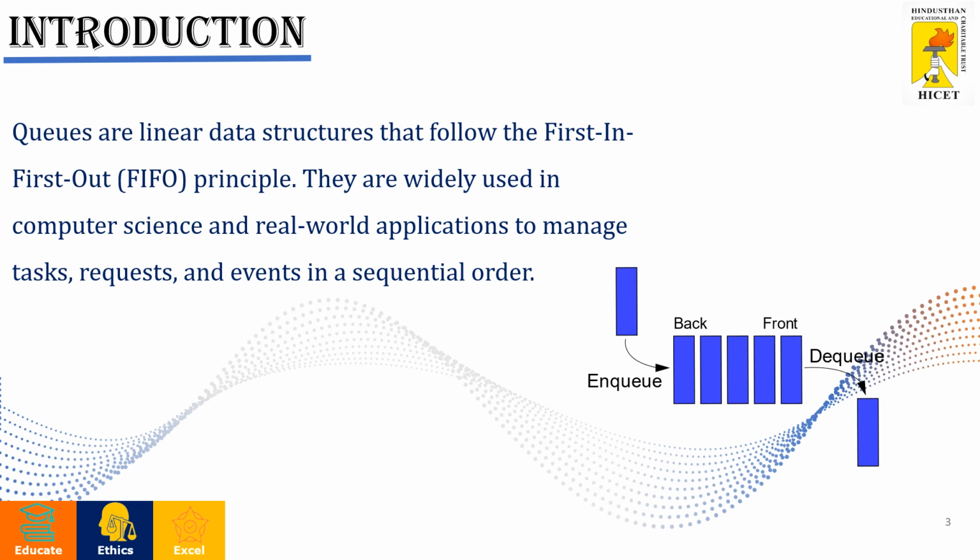Here also data will be entered at the back of the queue. So from this diagram you can see the front and the back of the queue, where you have deletion from the front and entering of the queue is done from the back.